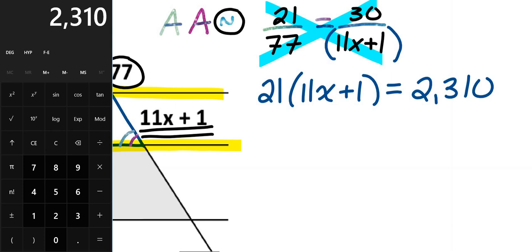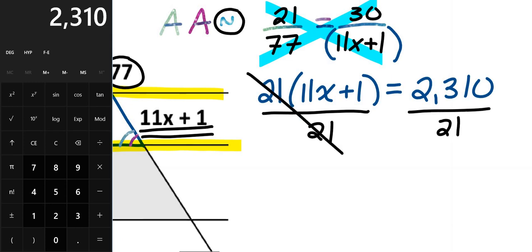Now, we can distribute the 21 to both terms. That's one option. I don't like doing that. I think that's more work. So what I'm going to do is a quick trick. I'm going to divide both sides by 21 so I can free up the parentheses. So I'm going to cross those out.